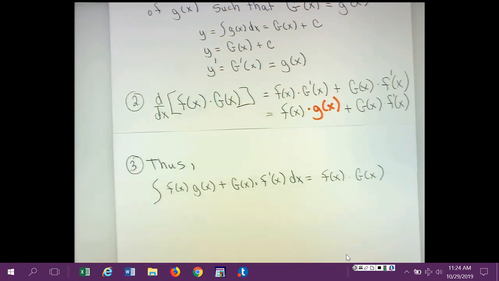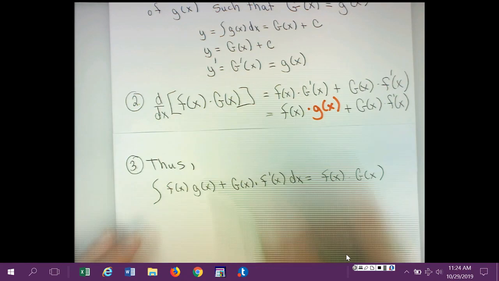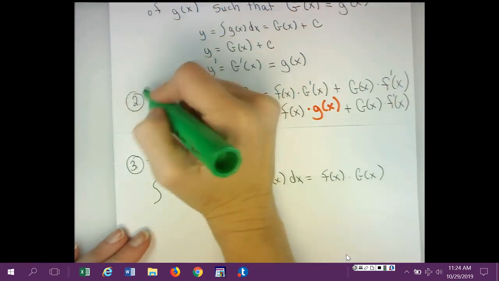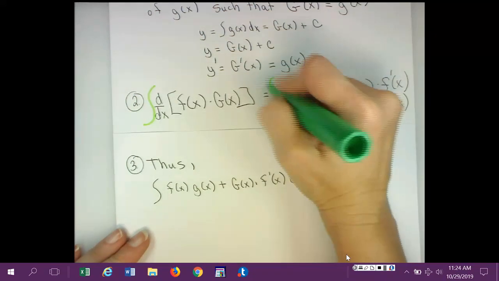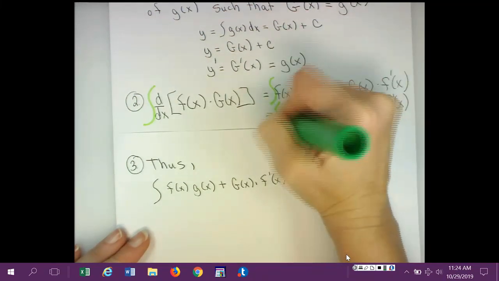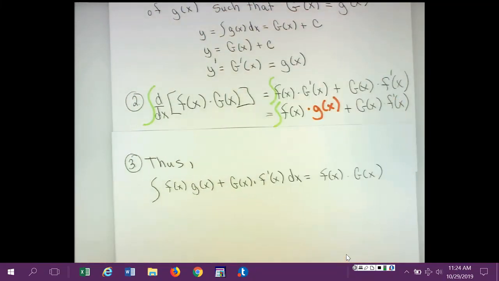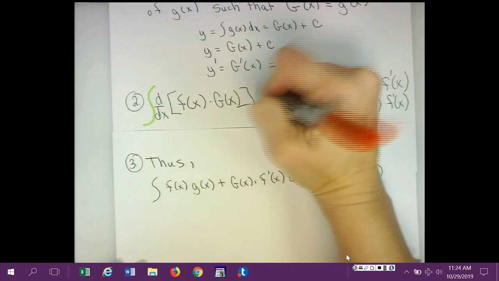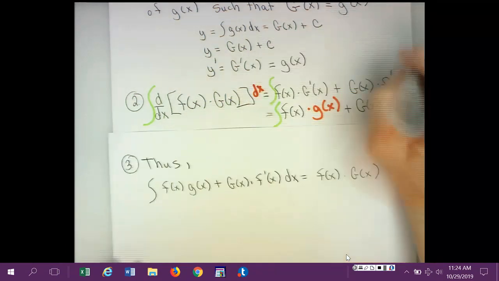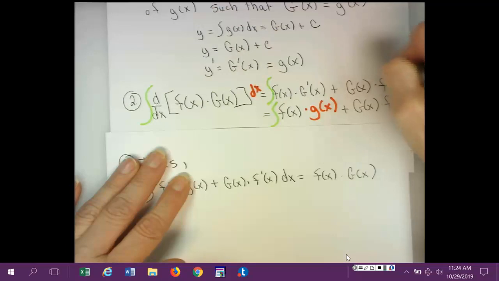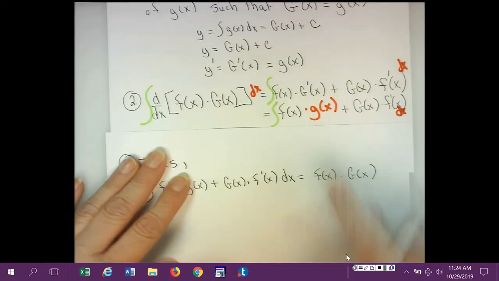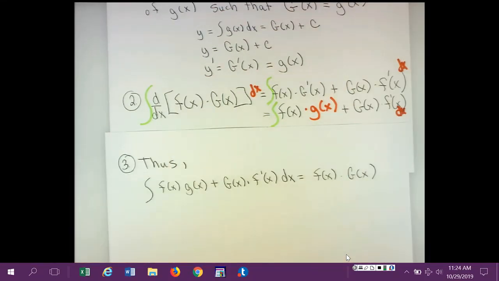Sometimes people will, to define this, put an integral symbol here and here and here. Obviously if we do that, we would also want to add dx and dx to make it an integral and complete notation.